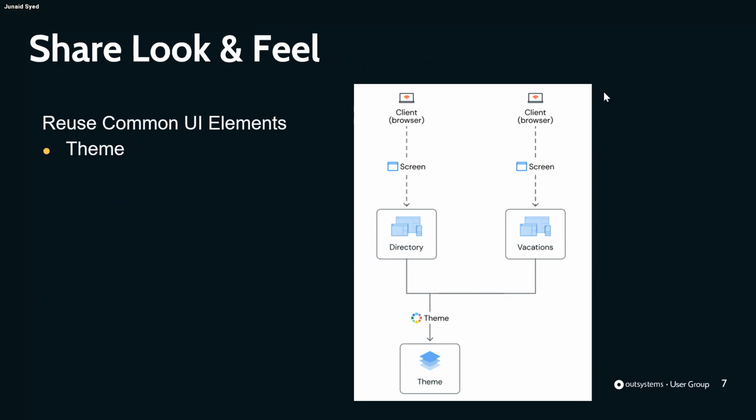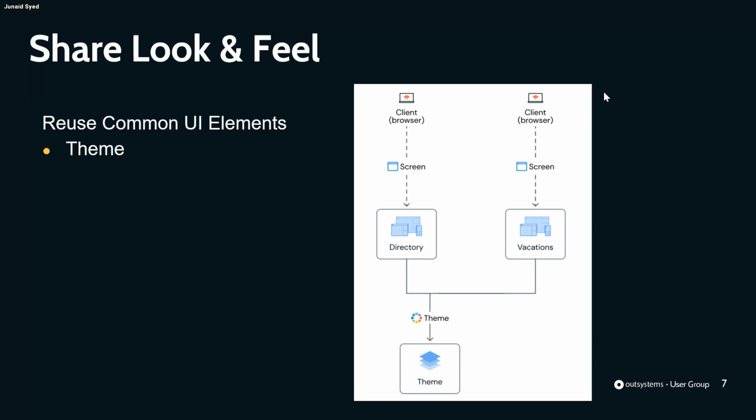These are all part of the theme, and you would see these standards being followed across the application. So how do we achieve those in our systems? They are achieved through themes. Themes allow us to tailor our application's look and feel as per our need or the business needs, right? In this diagram, you can see there are two applications. One is a directory application, and another is a vacations application.